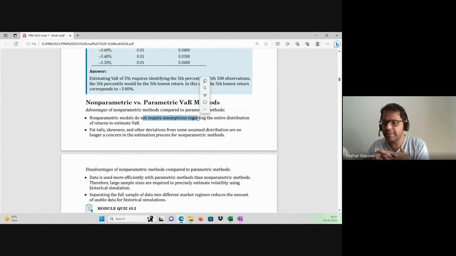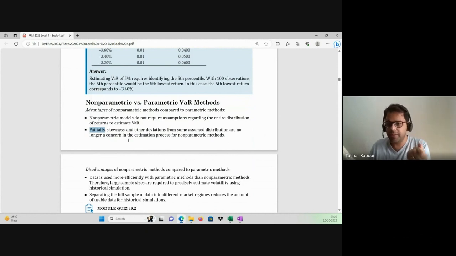So with non-parametric, you can just fill in the historical data and things will be taken care of on their own. It might have fat tails, skewness and other deviations, because all three things, in fact: fat tail, skewness, and the third thing that was there, which was unstable time.